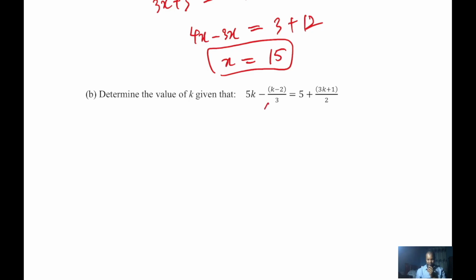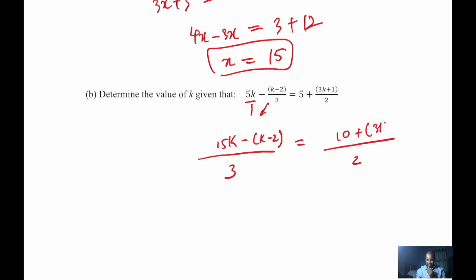So this one here can be placed in the common denominator 3, so that by 3 here over 1. So by 3 means we'll have 15k minus, in the bracket, k minus 2, equals, common denominator here will be 2, so you're going to have 10 plus, in the bracket, 3k plus 1.